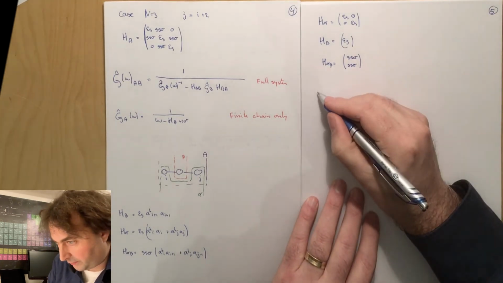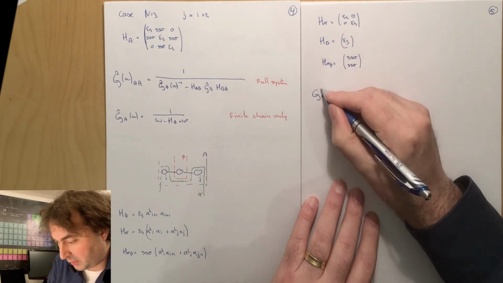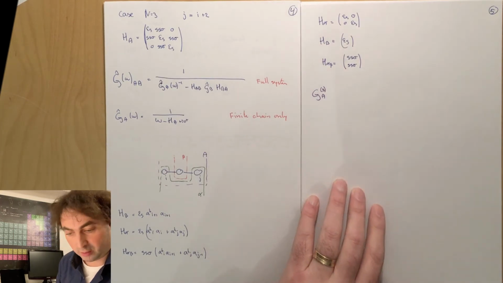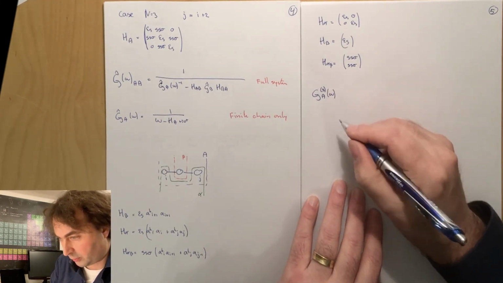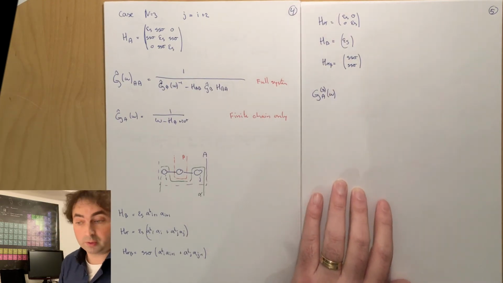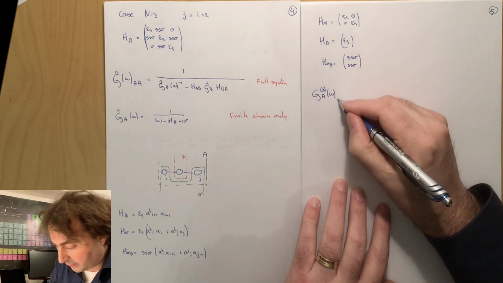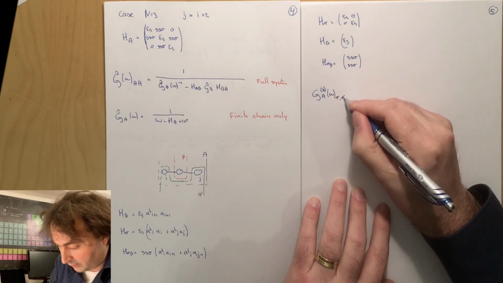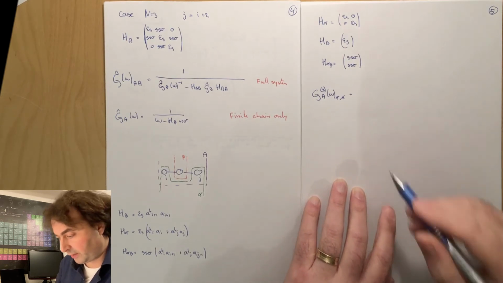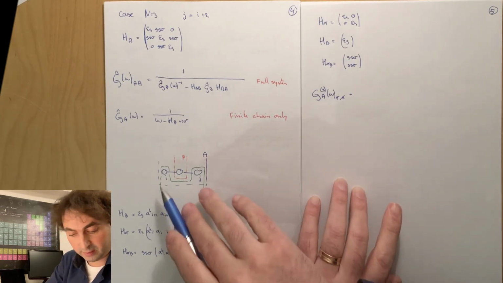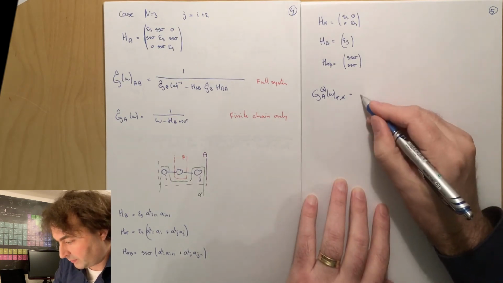If we now look at our Green's function of subsystem A for a chain of finite length 3 and as a function of omega, and we do not want to look at all its elements but only the elements that belong to alpha. So we look at the element alpha alpha of this matrix, which of course alpha still has element i and j, so this will in the end be a 2 by 2 matrix.